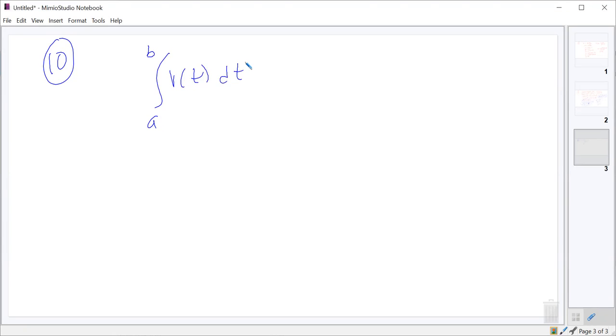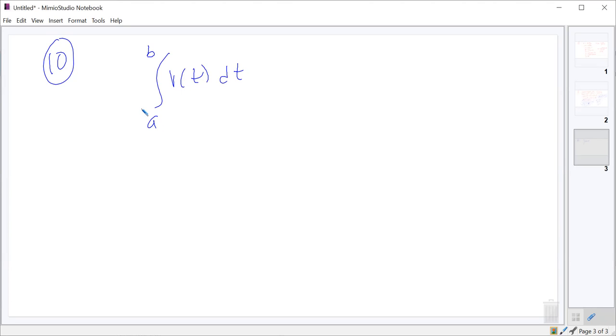So what does the integral from a to b of v of t dt give us? For a particle moving, what does the integral of the velocity do from a to b? I know there's like 5 different answer choices there. We'll deal with them all in a second. But what does this tell us?